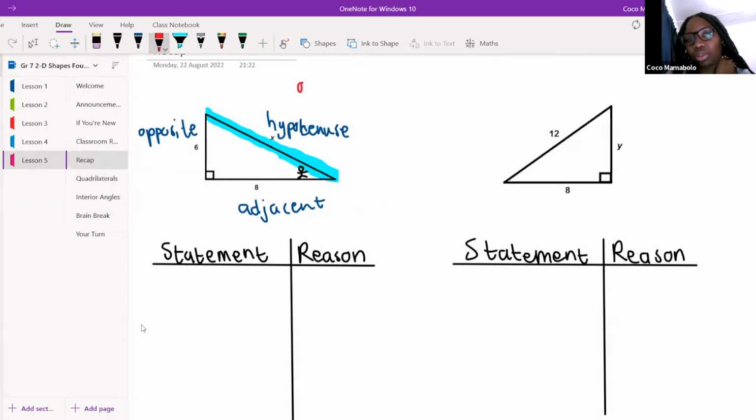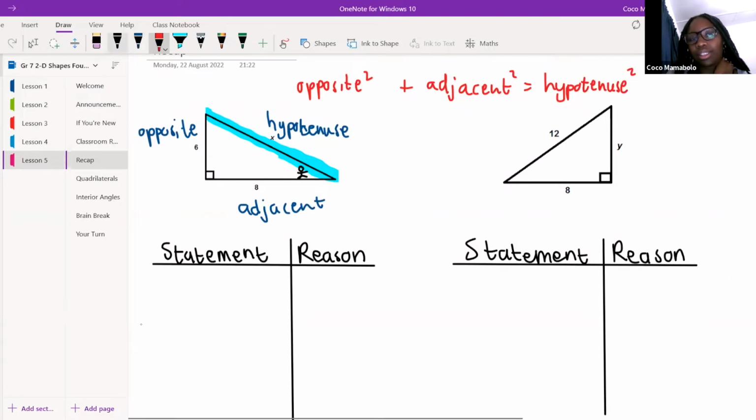We had opposite squared plus adjacent squared is equal to hypotenuse squared. Nelisa, do you think you can help us out? Isn't it 6 squared plus 8 squared equals x squared?